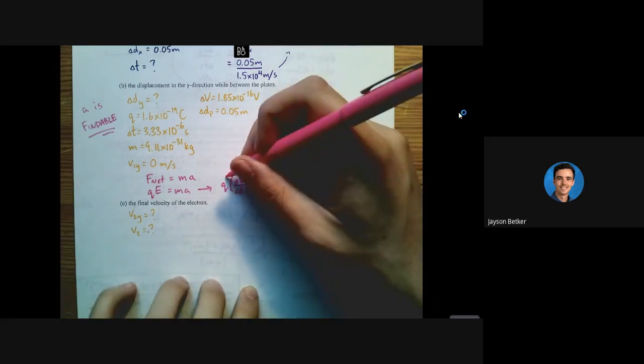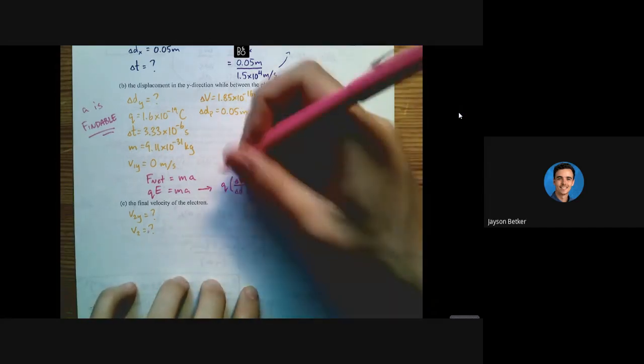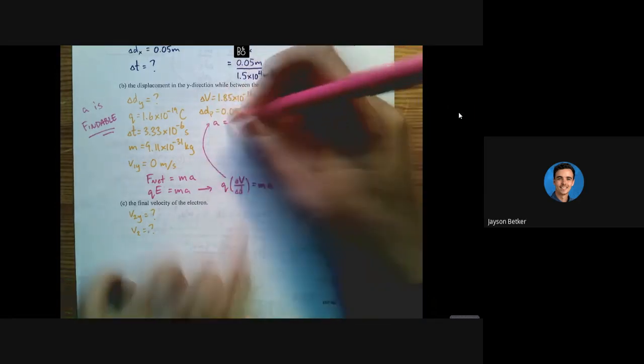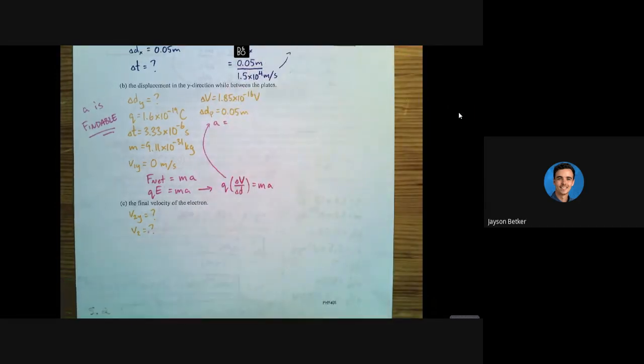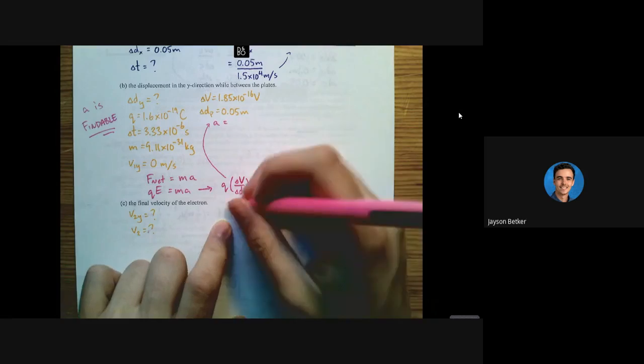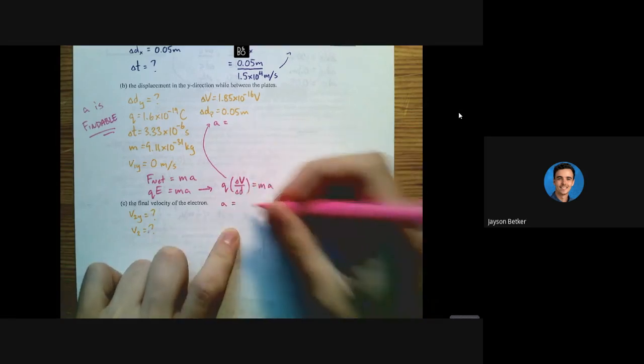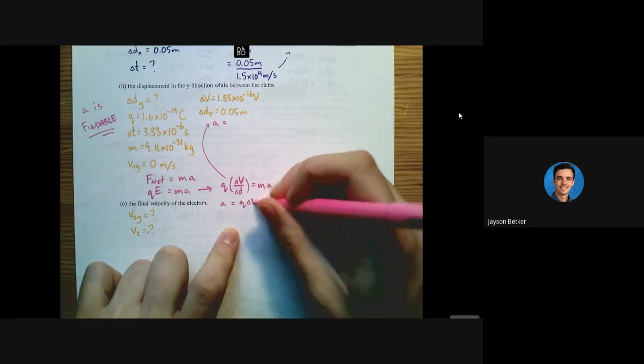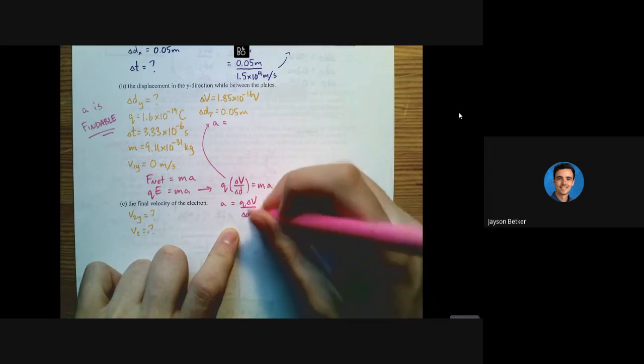The way that this helps us is, A is going to be equal to all this stuff divided by M. So I'm going to rearrange, but also plug in. By rearranging this, I get A equals Q delta V over delta D M.